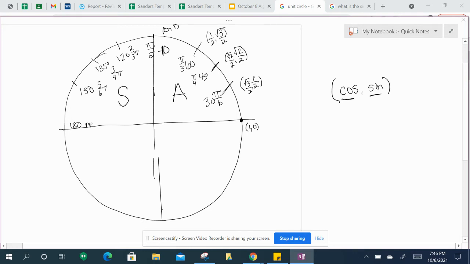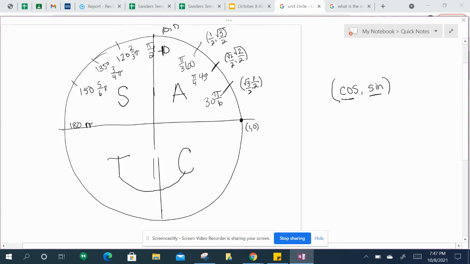S, sine, is positive over here. T, tangent, is positive down here in the third quadrant. And finally, C, cosine, is positive. That stands for all students take calculus, and it becomes a happy unit circle when we look at that.